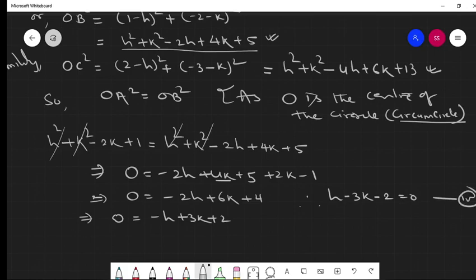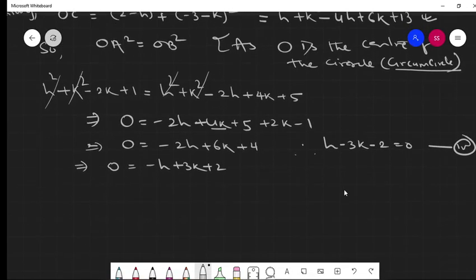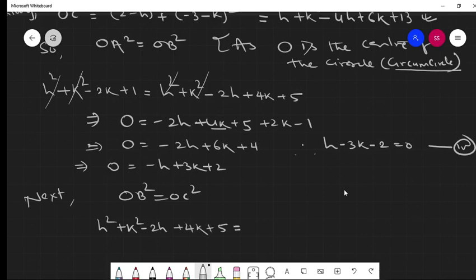If we suppose first, second, third, this is IV. Okay, now how can we find from OB square equals OC square? OB square is h square plus k square minus 2h plus 4k plus 5 equals OC square, that is h square plus k square minus 4h plus 6k plus 13.